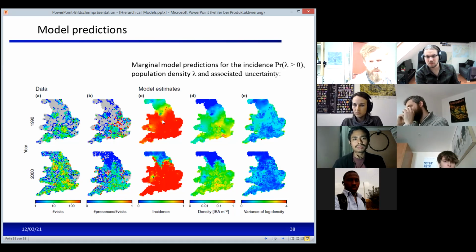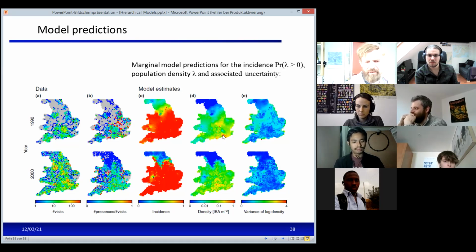First, in terms of incidence or occurrence, so the probability that population densities are larger than 0. Then as the estimated population densities themselves, and also as the posterior variance of this population density on a log scale as a measure of uncertainty.